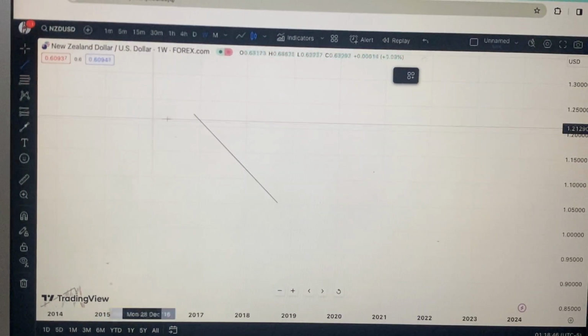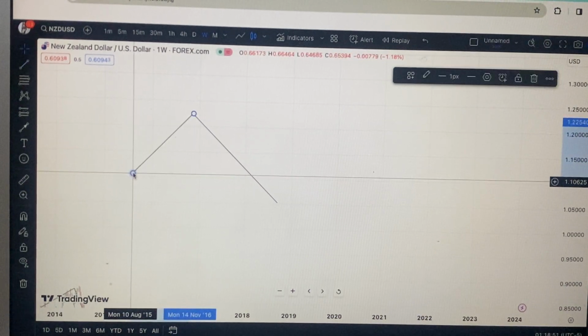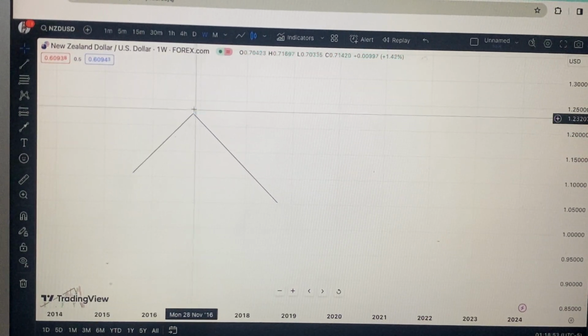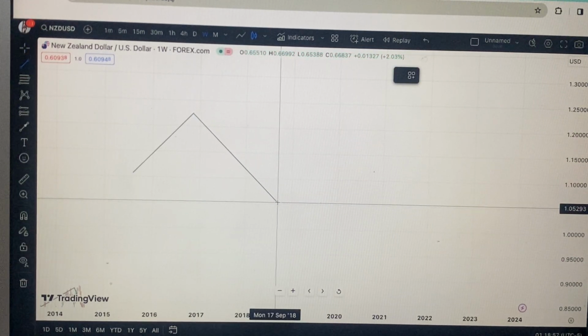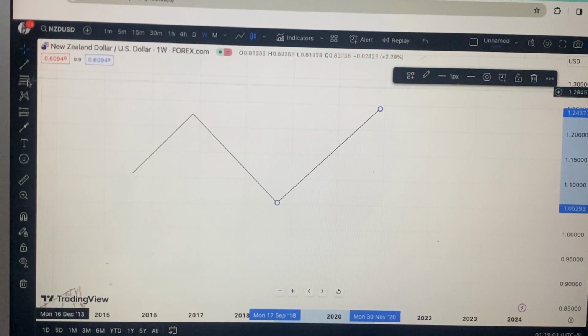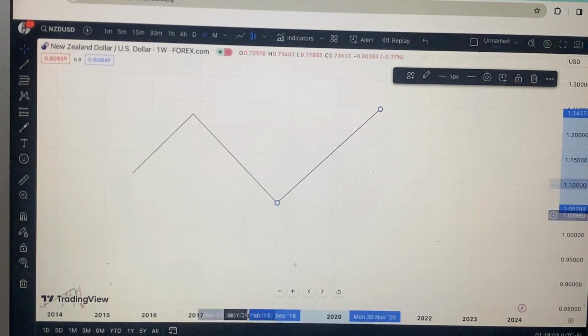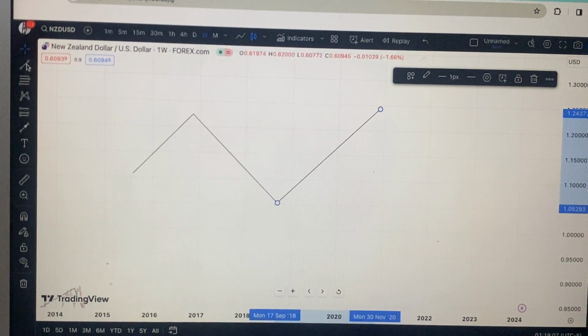This is how a resistance zone looks like. This is resistance and this is support. Resistance, support, resistance, support.